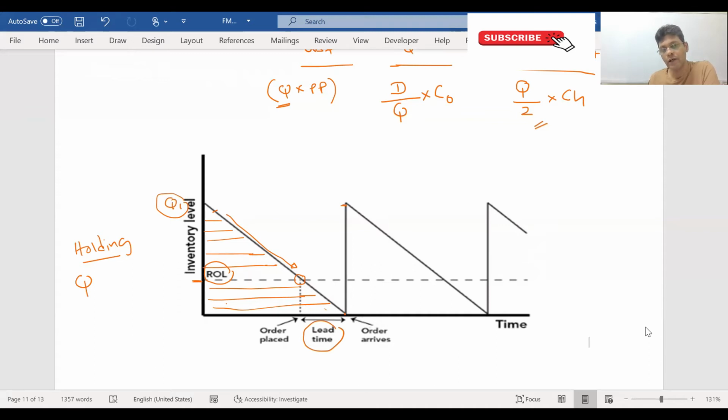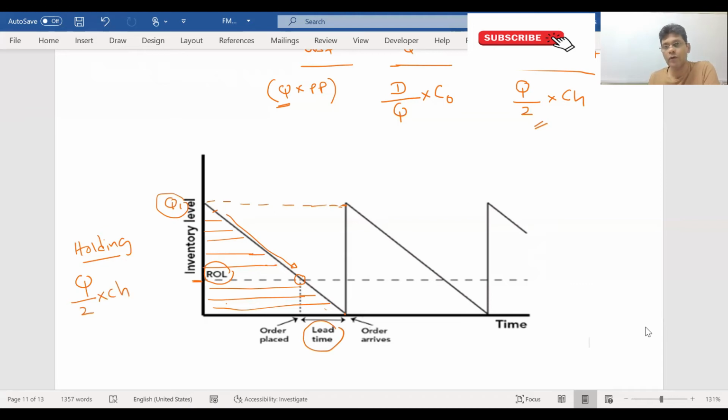we need to take the average. So when you take the full inventory movement, the stock maintained over the period is half of the requirement, half of the demand. Therefore, to calculate the holding cost, we should take the quantity divided by 2 times CH.